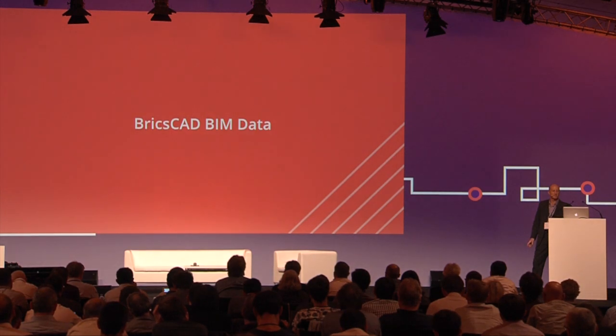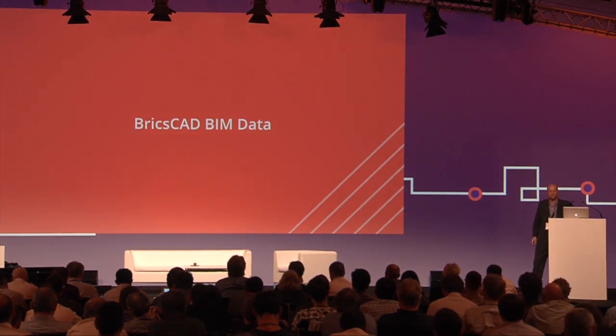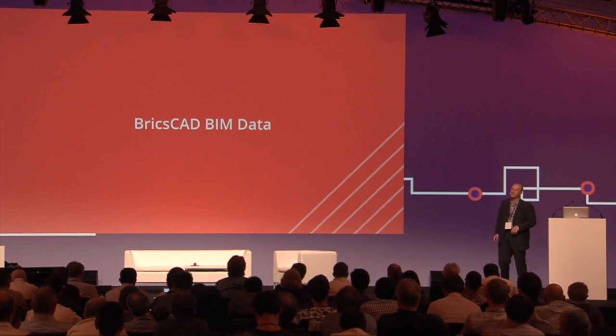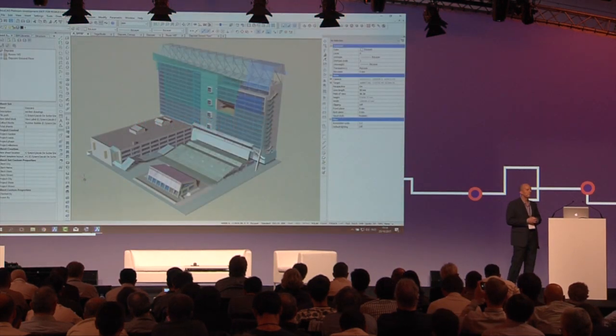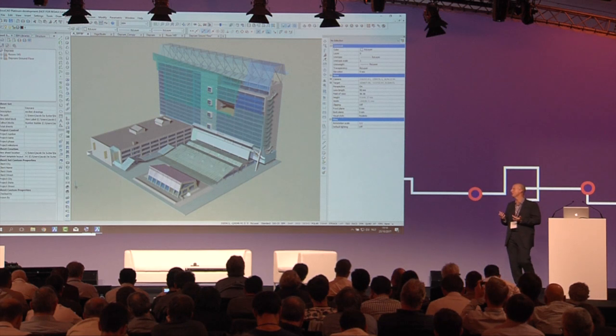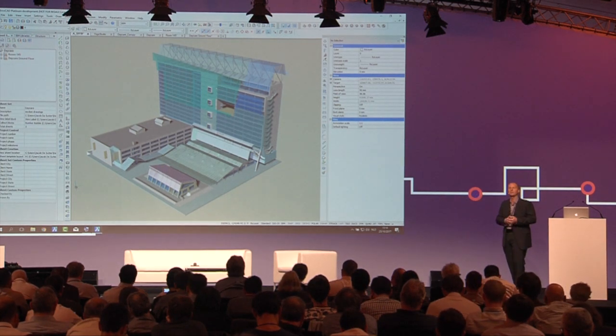All right, so for the fourth segment, we're going to start looking at design assistance. Managing a BIM of a project of this size as the process goes on is a very challenging task.